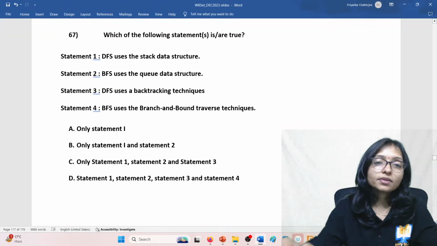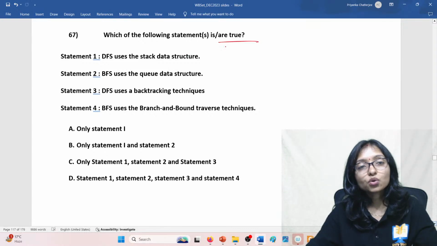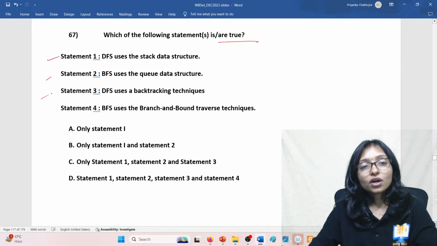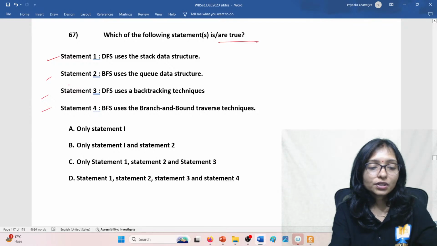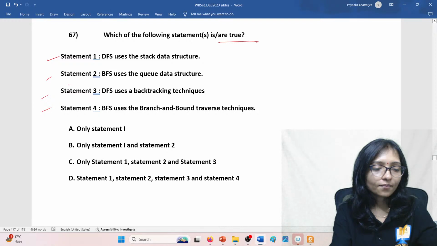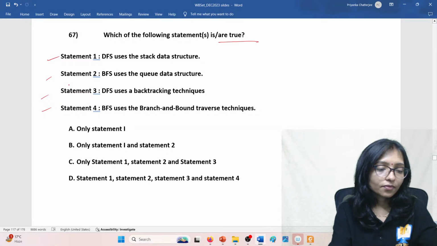Now do this. Which of the following statements are true about this? All the statements are given to you. Now which one is true here? Read it and tell me.